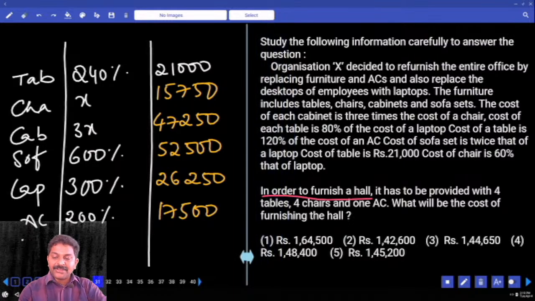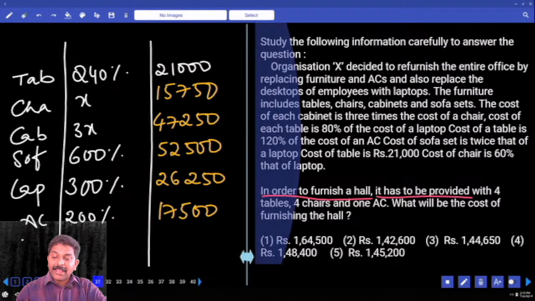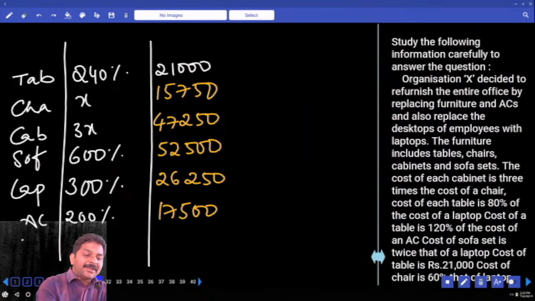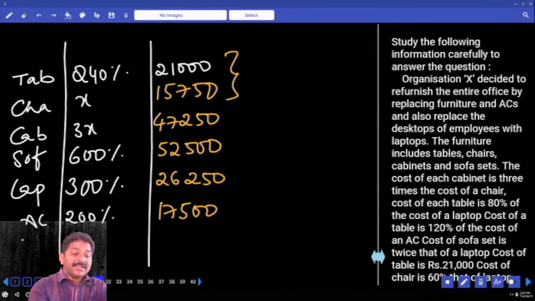In order to furnish a hall, it has to be provided with 4 tables, 4 chairs, 1 AC. What will be the cost of furnishing the hall? 4 tables and 4 chairs. Each table and chair together cost 36,750.